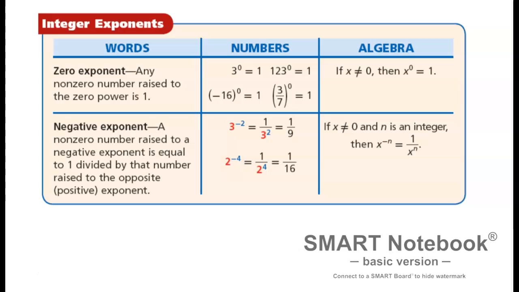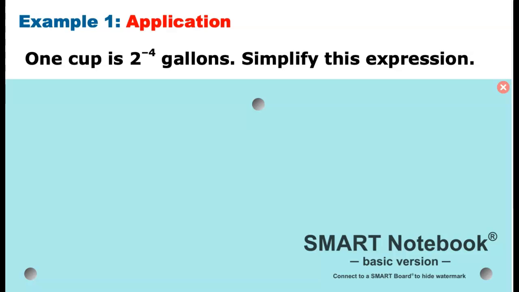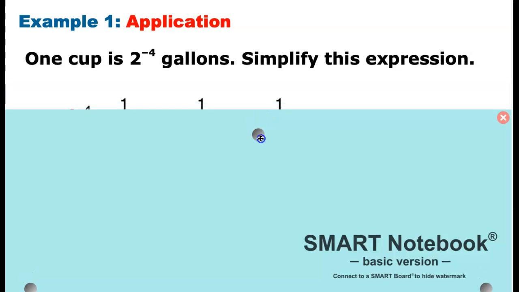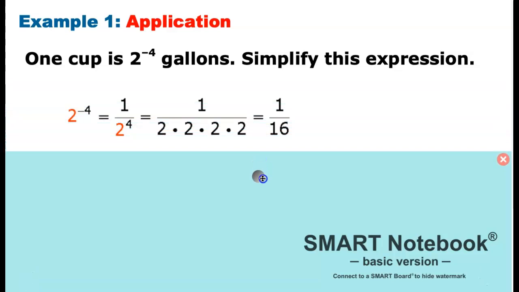This little chart is in your book and will tell you information about the zero power and negative integers. Let's take a look at this. 1 cup is 2 to the negative 4th gallons. I want to simplify that expression. Well, 2 to the negative 4th power is 1 over 2 to the 4th.